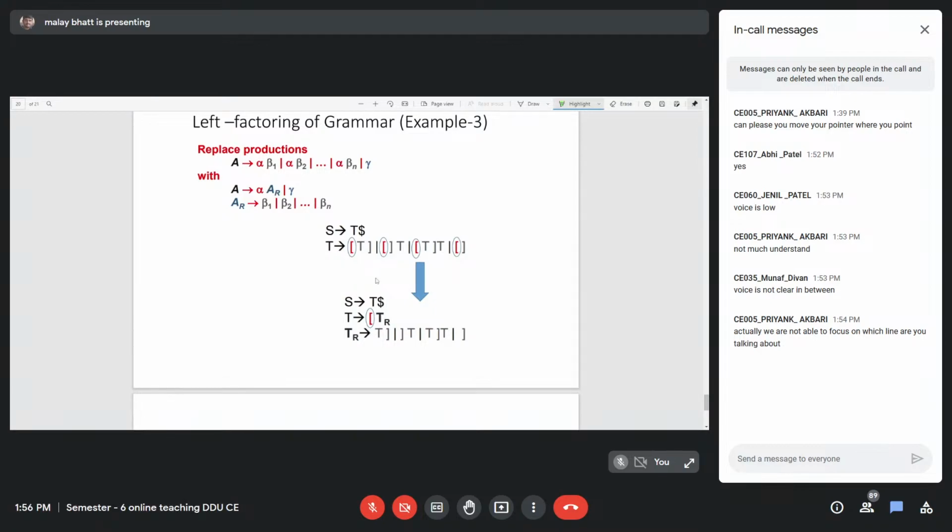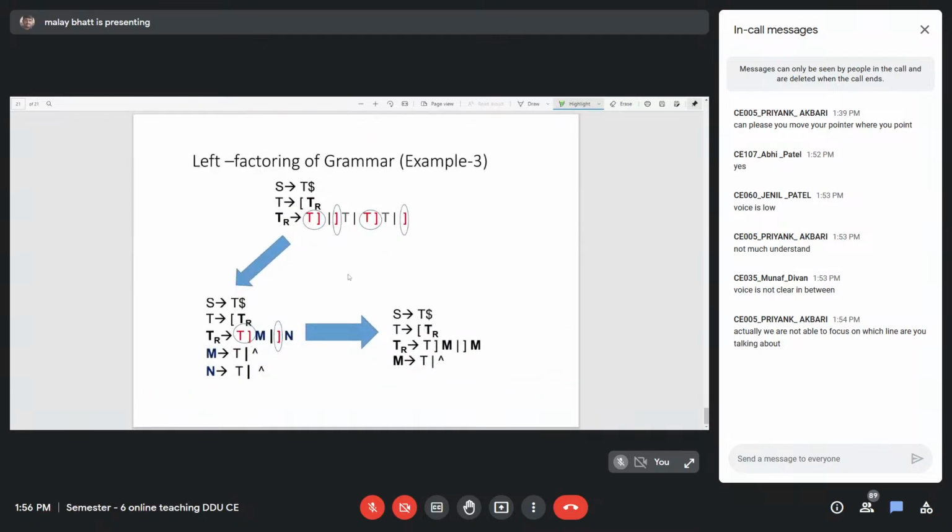Okay, so now let us apply this. As you can see here, still we have common alternatives, because whenever there is a common alternative, we need to apply left factoring, because if it is a common alternative, it will lead to non-determinism.